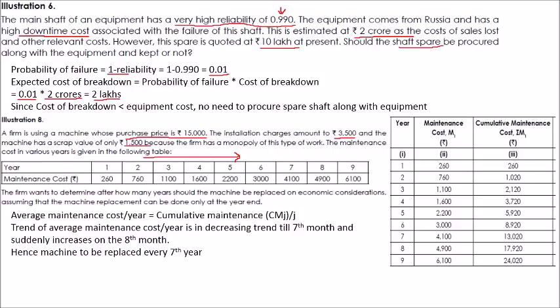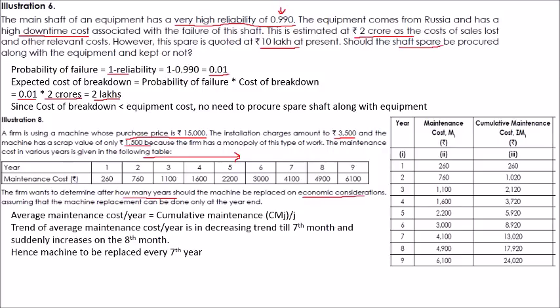I'm not going to consider this value. With the help of maintenance cost alone we can finish this problem. What is asked in the question is how many years the machine should be kept before replacement, for economic consideration.